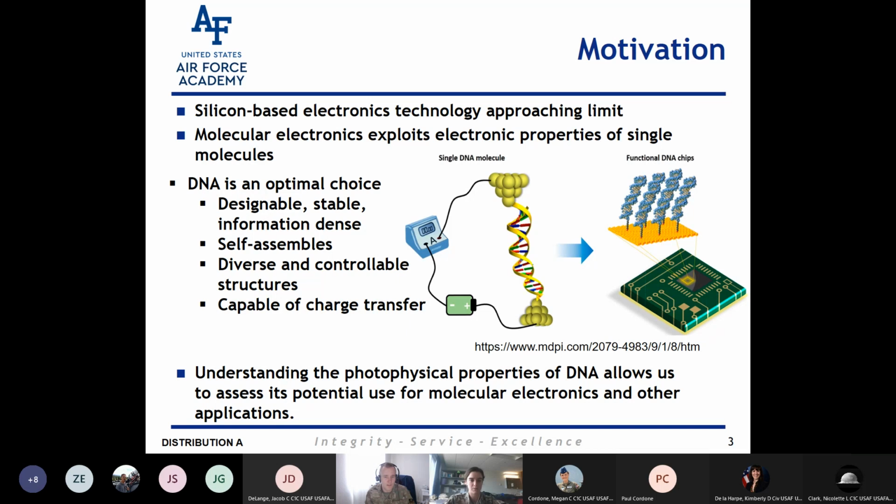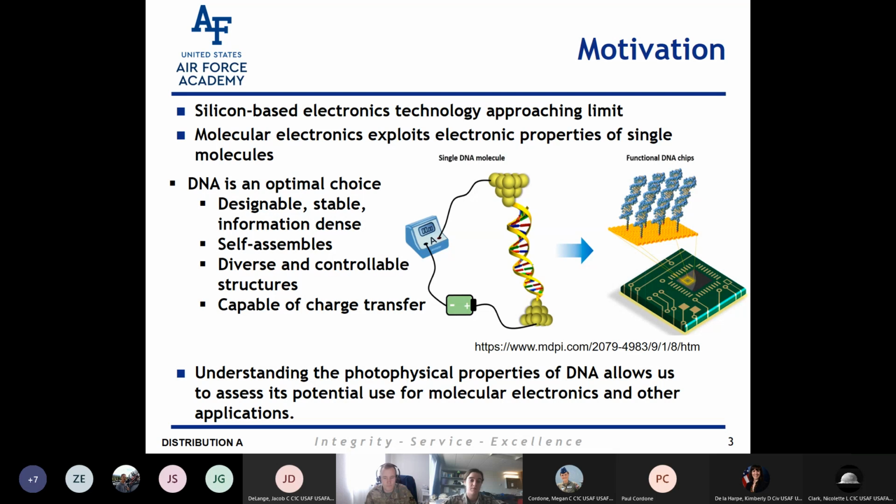We believe DNA could be an optimal choice because it is a designable, stable, and information-dense molecule that can readily self-assemble, is diverse, and we can control its structure. Additionally, previous research determined that it's capable of charge transfer, so electrons can travel up and down the molecule.